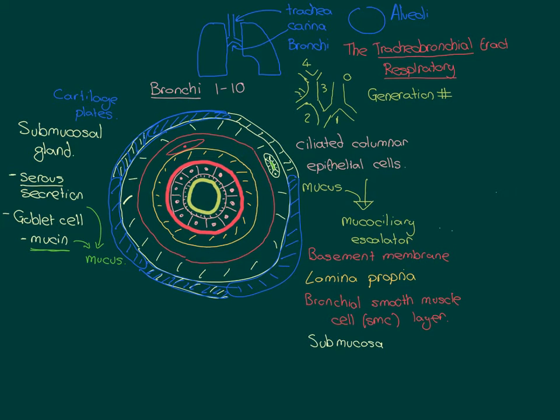So I want to stress that the definition of a bronchus is this, not this. It's that it has this wall structure, not that its generation number is between 1 and 10. It just happens that airways of generation number between 1 and 10 generally are bronchi.